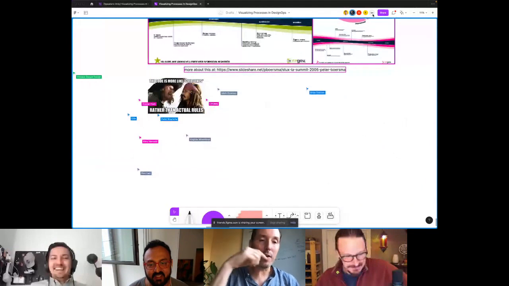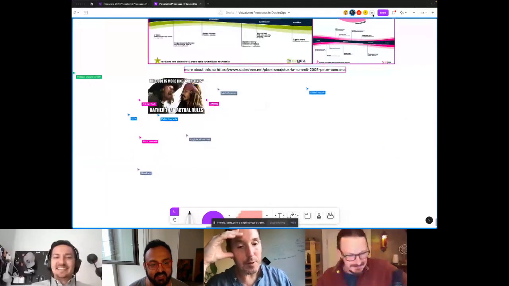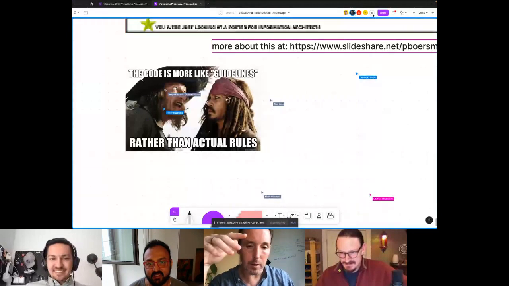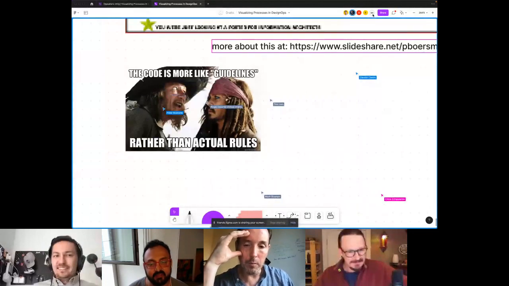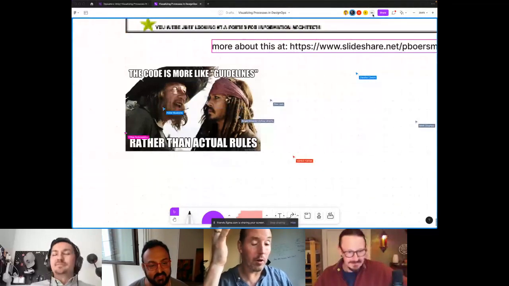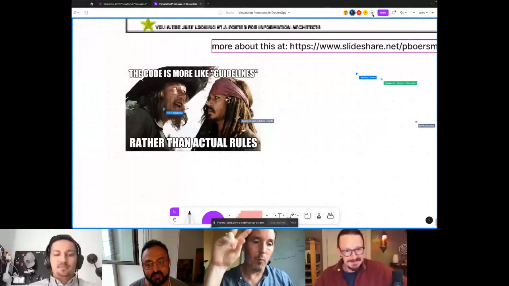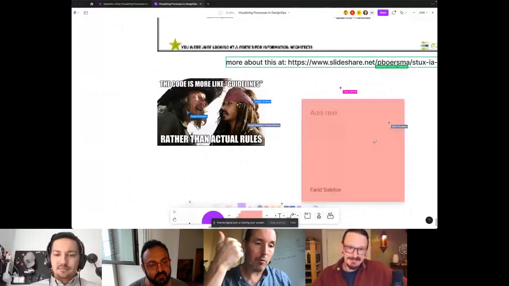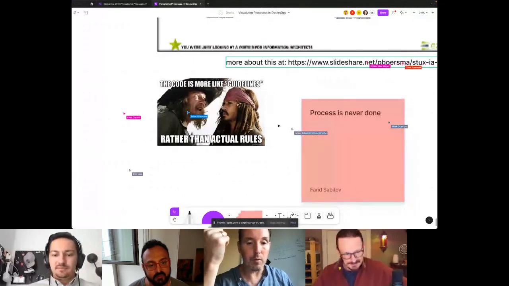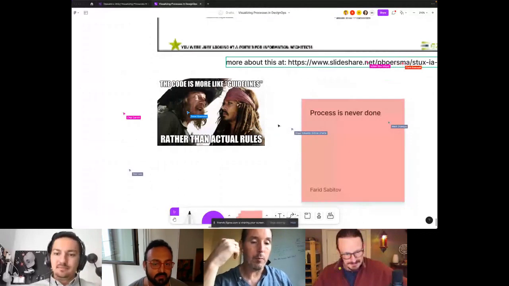This is great. Actually, this may be something that refers back to the service design introduction from Daniel. A process is never done, and a process also doesn't cover everything. That's two different things. One, it's never done, which means somebody needs to be in charge of keeping it up to date, or maybe a whole team, or it's somebody's responsibility to every now and then check, maybe do a survey.